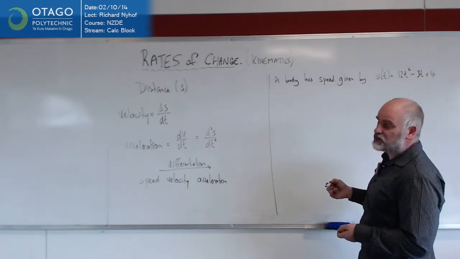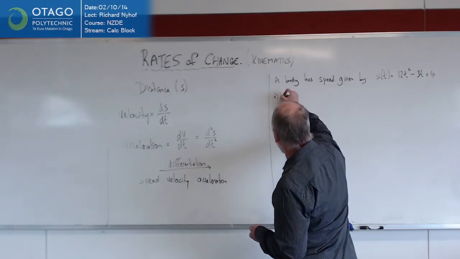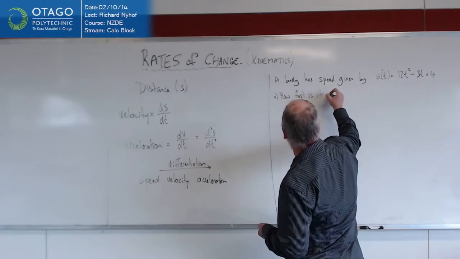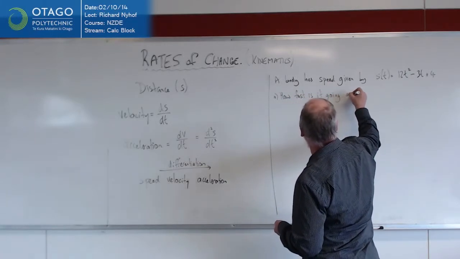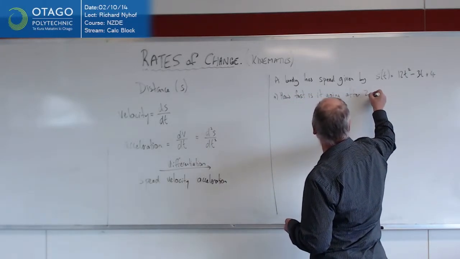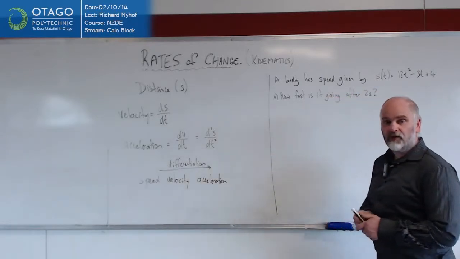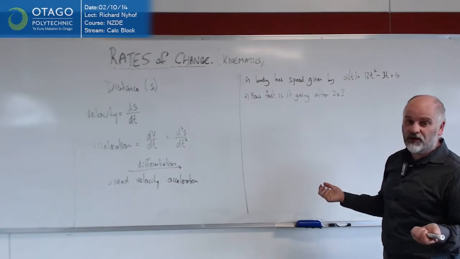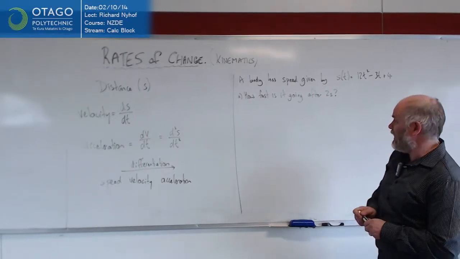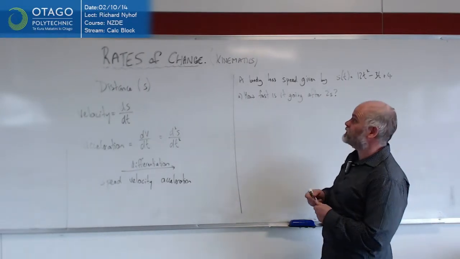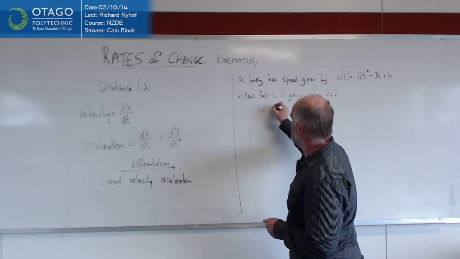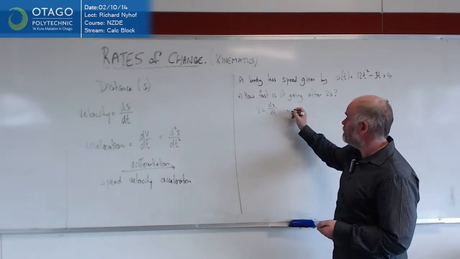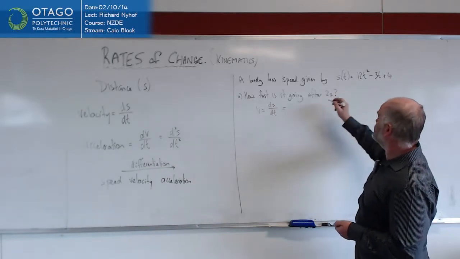So we can ask things like, how fast is it going after 2 seconds? So this tells us how far away it is from the start, and now we can figure out how fast it is going. And the how fast question is a velocity question. So velocity is change in distance divided by change in time. So just differentiate this.